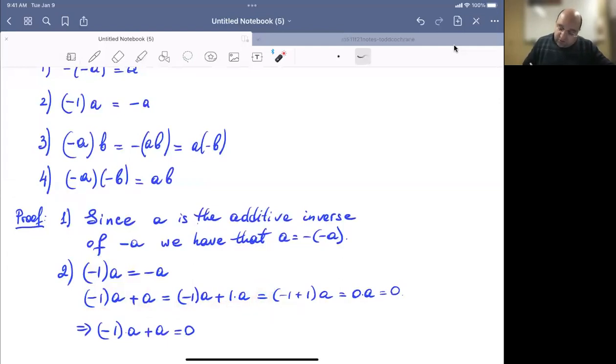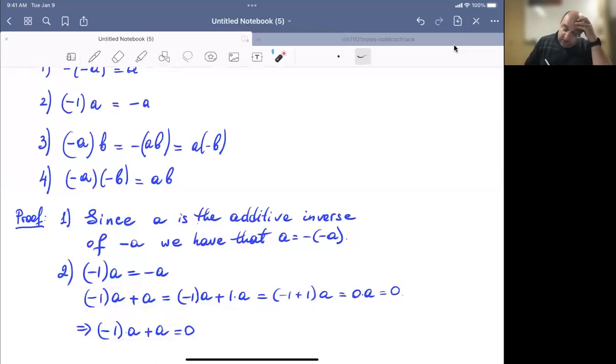That's the distributive property. I can factor A out, and in parentheses, I have -1 plus 1. Because -1 and 1 are additive inverses, what you get is 0 times A. And by the previous example, we know that if you multiply any integer by 0, you get 0. So that means -1 times A plus A is equal to 0.